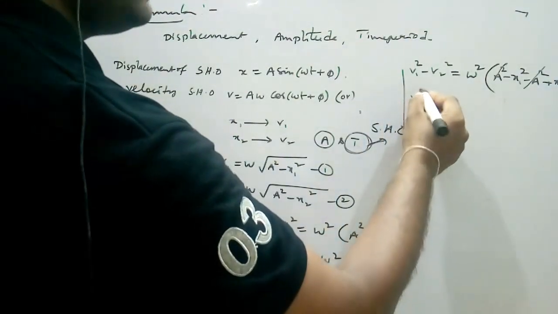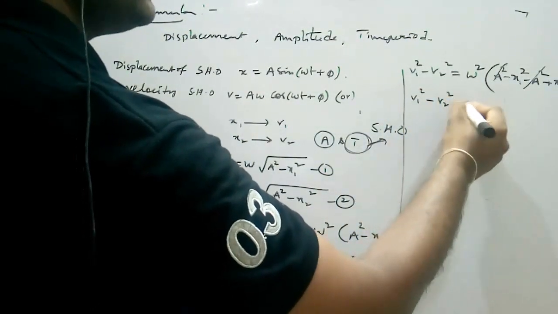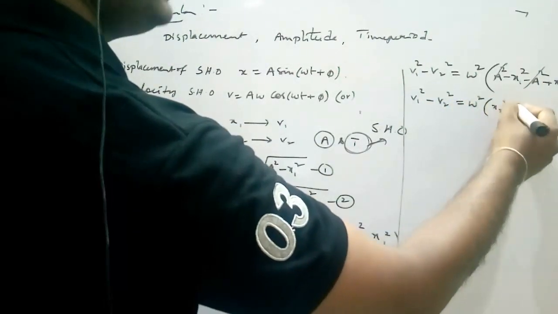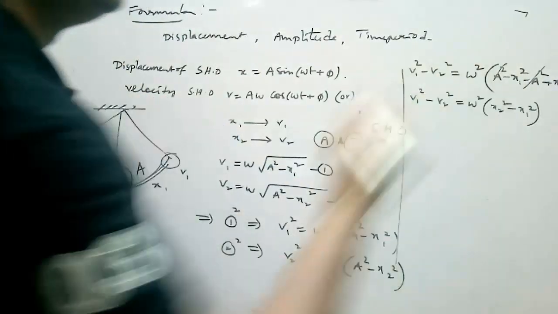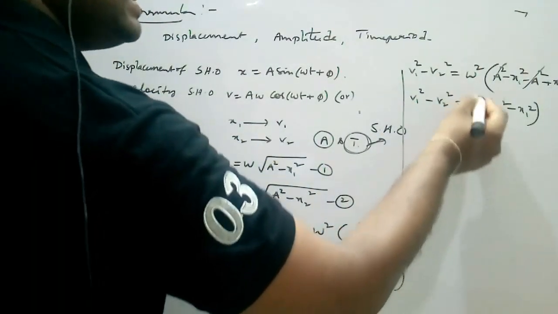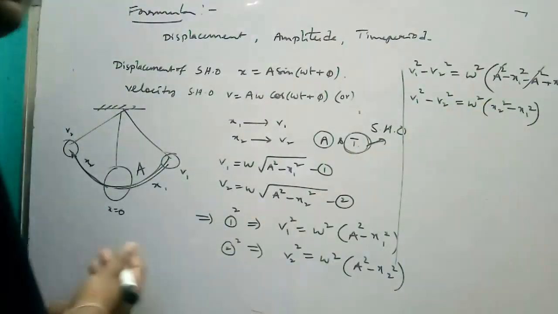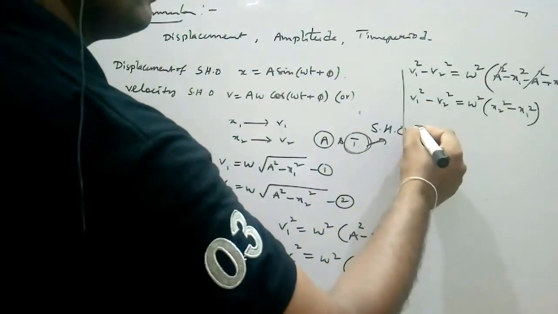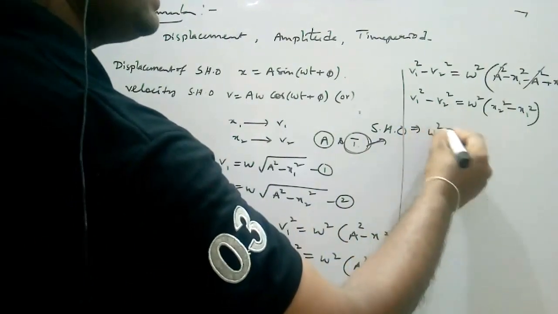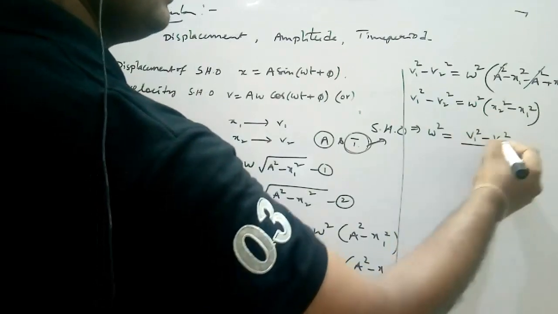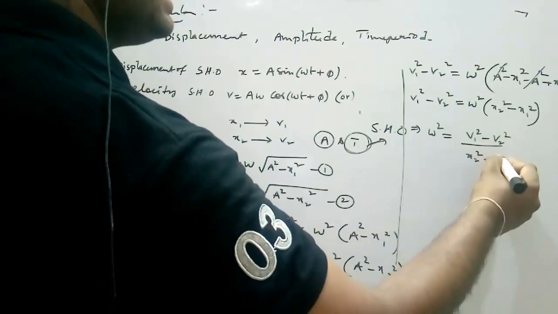Then v1 square minus v2 square equal to omega square of x2 square minus x1 square. To find out the time period, we write the omega value from this equation. So omega square equal to v1 square minus v2 square by x2 square minus x1 square.